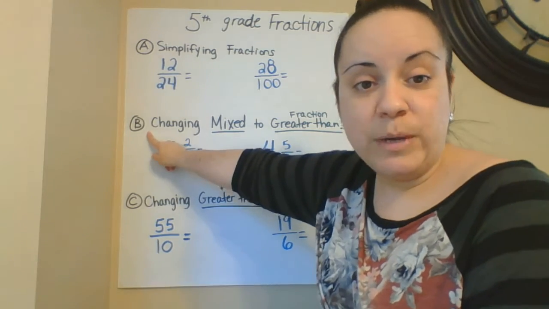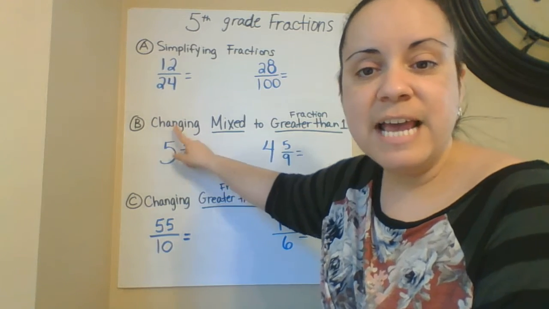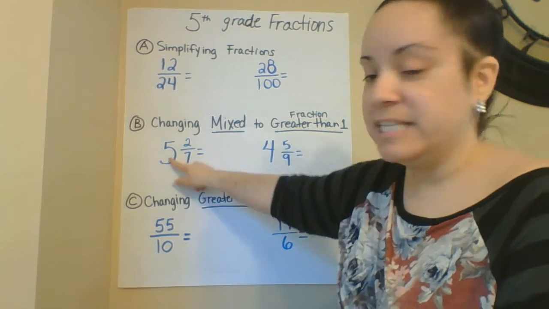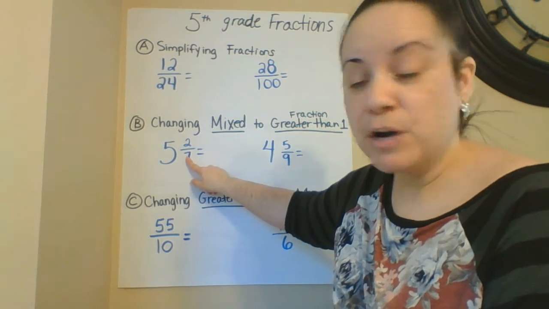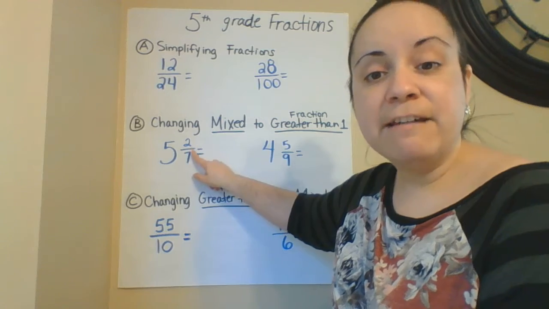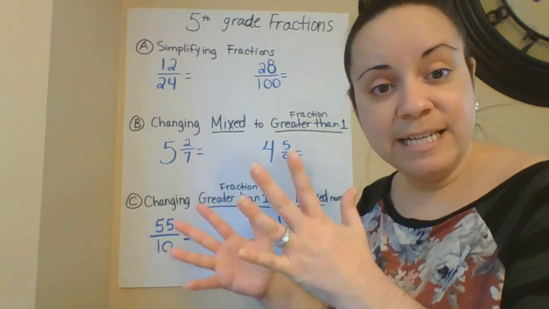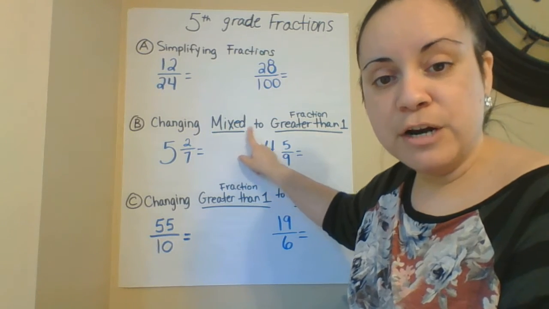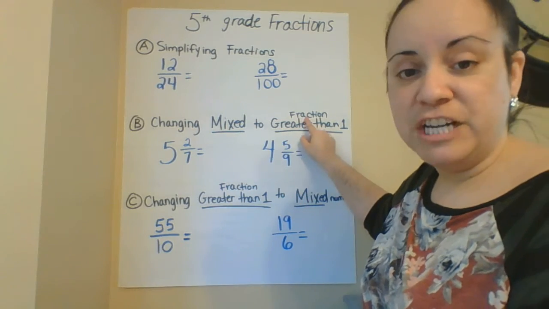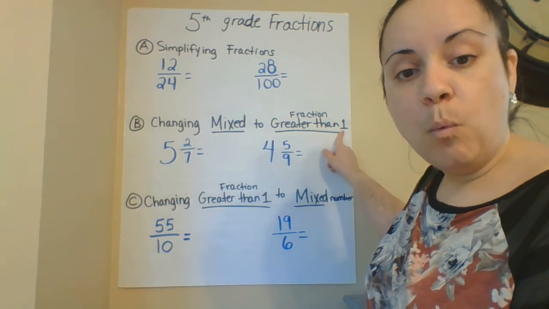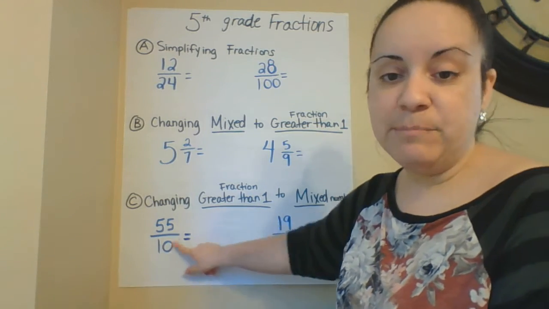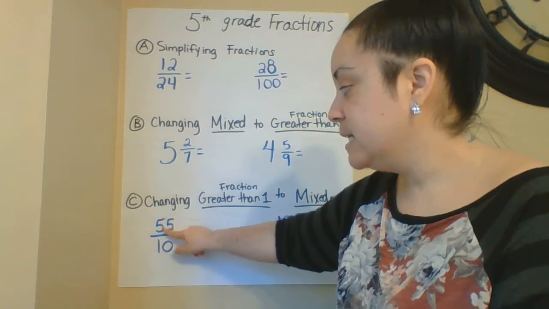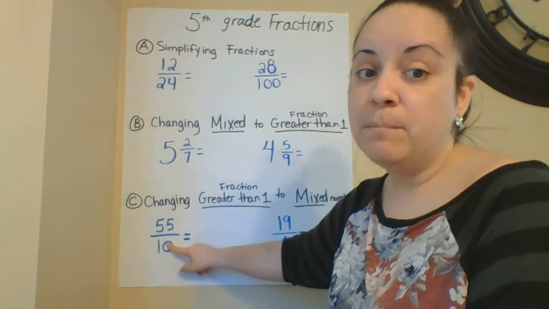The second thing we need to know how to do with fractions is to change them from a mixed number, which is this. This is a mixed number because it has a whole number and a fraction, so it's mixed. It's got 2 kinds of numbers. Changing a mixed number to a fraction that is greater than 1. This is an example down here of a fraction that is greater than 1 because the top number is bigger than the bottom number.